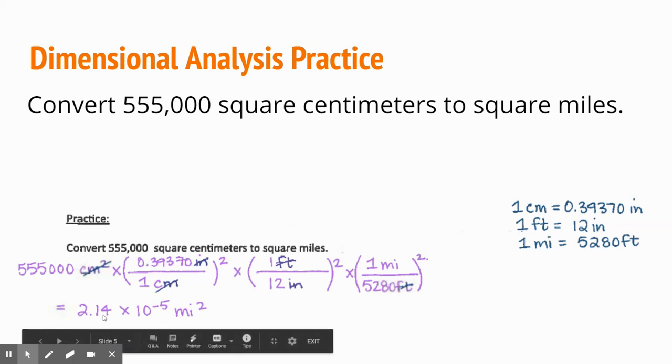I use 3 significant figures because my original answer has 3 significant figures in it. These are trailing zeros and no decimal point is present.